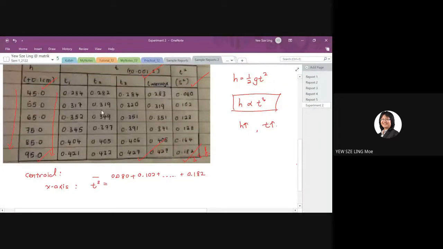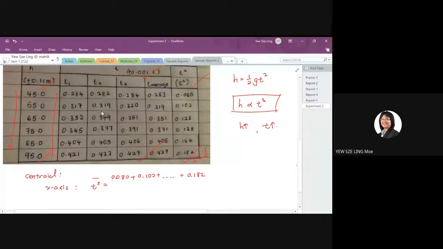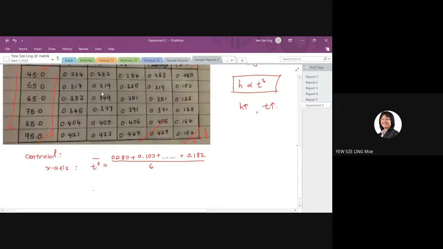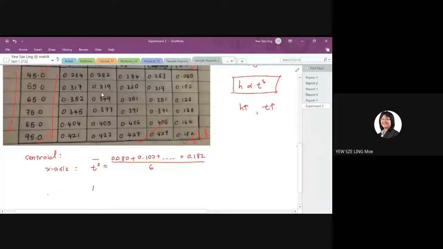You do it for your own table. Divided by 6, because I have 6 data. And then y-axis.